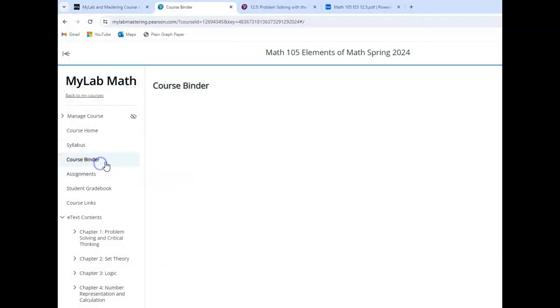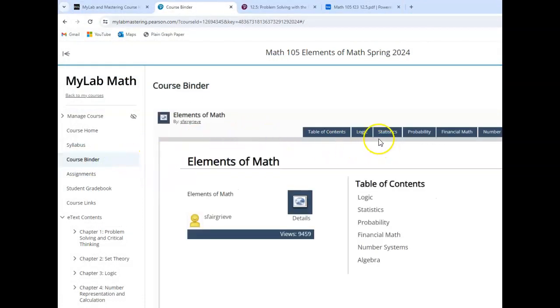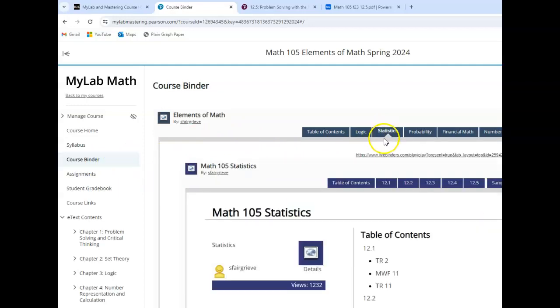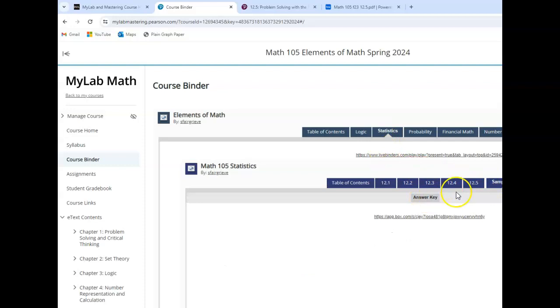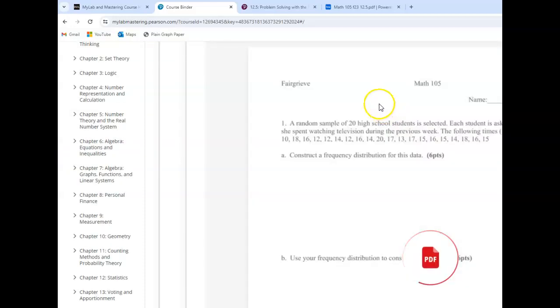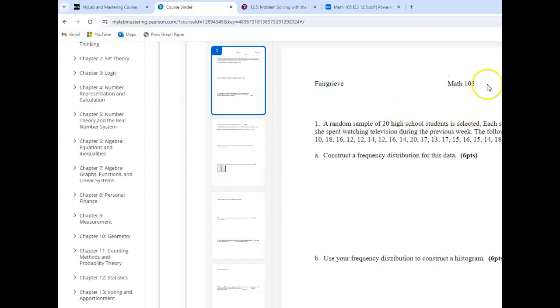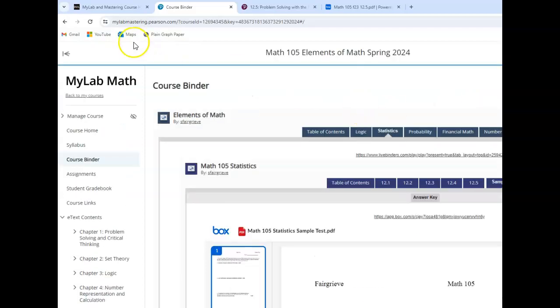So if you're going into the course binder and we're looking at the sample test, let me just show that to you here briefly.